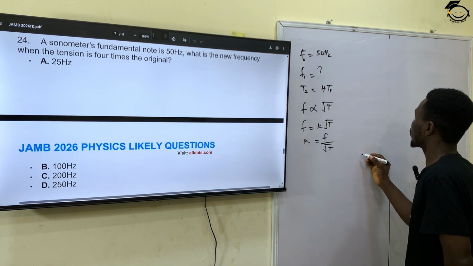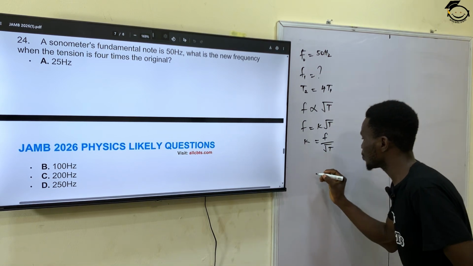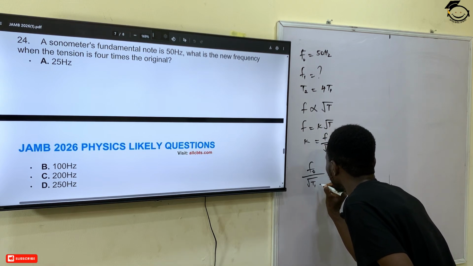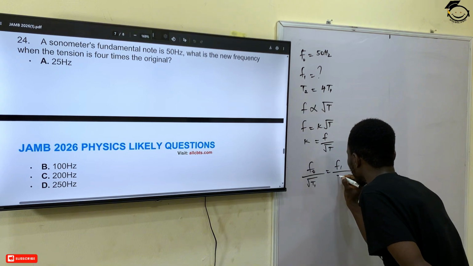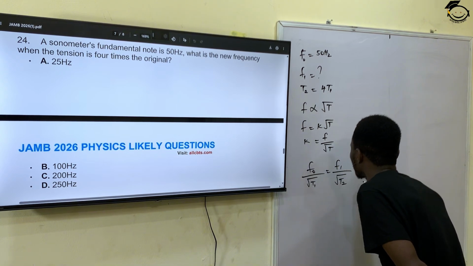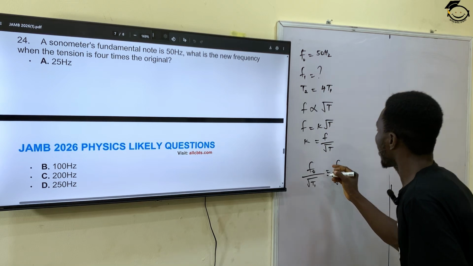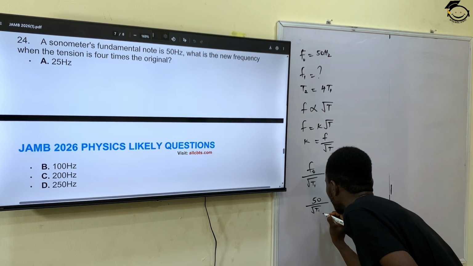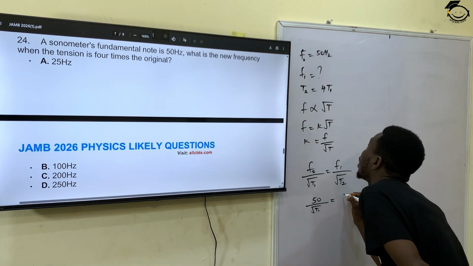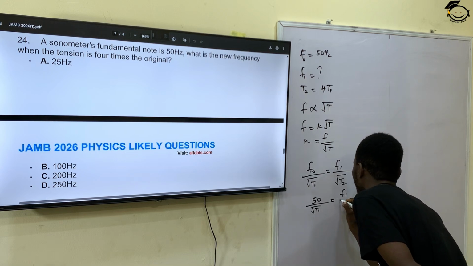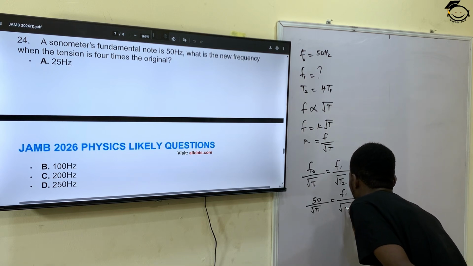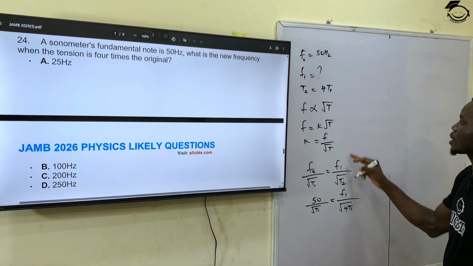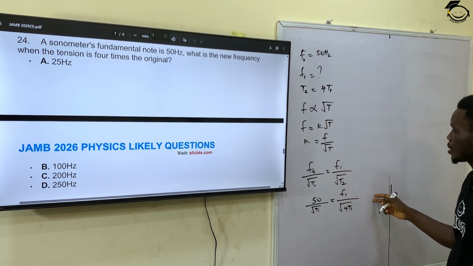Since I have 2 different frequencies and 2 different tensions, this means that F0 over square root of T1 is equal to F1 over square root of T2. So 50 over square root of T1 is equal to F1, which I do not know, over square root of 4T1, because my T2 is 4 times my T1.